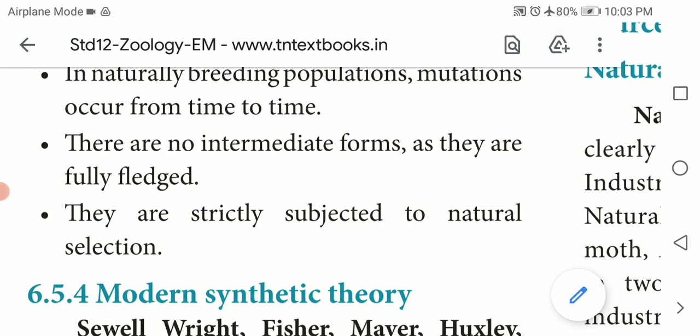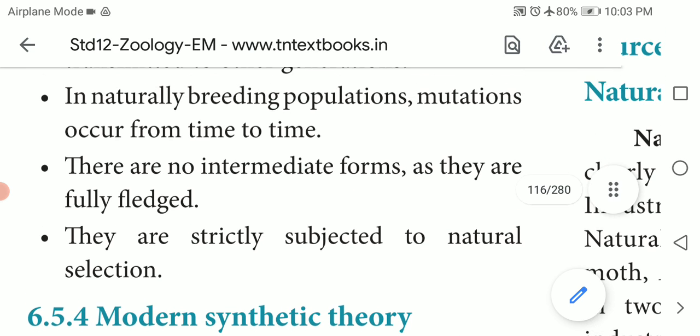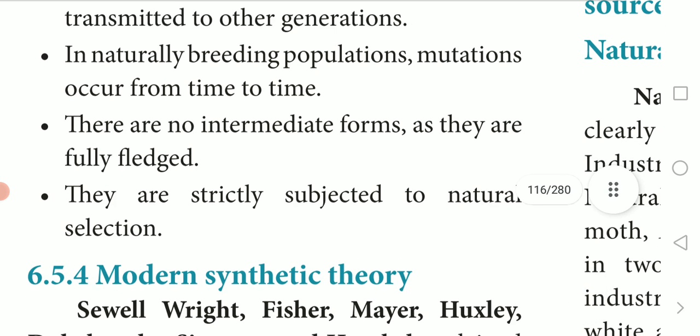For example, take a deer species. If a deer has a horn of a different color, that color occurs due to mutation.